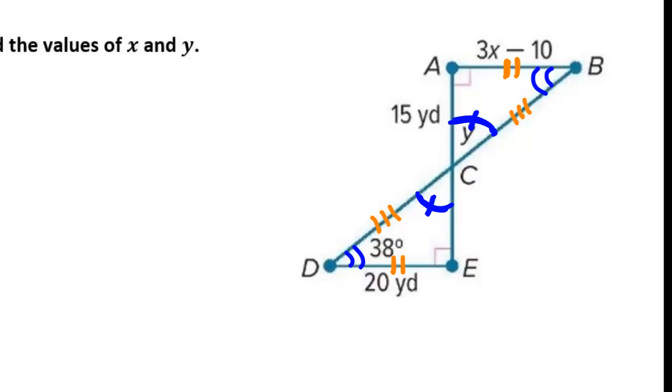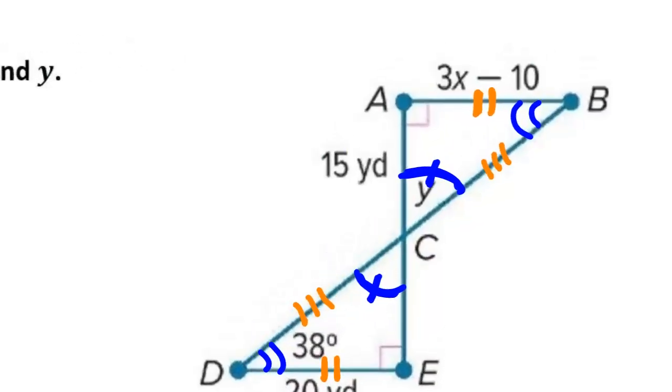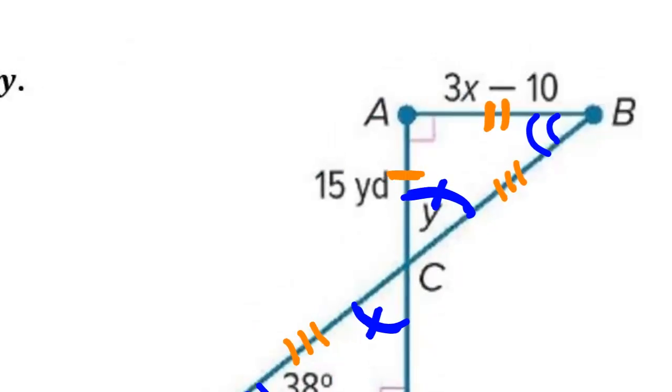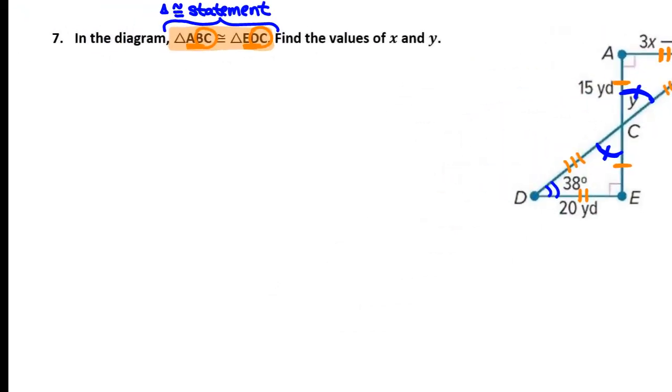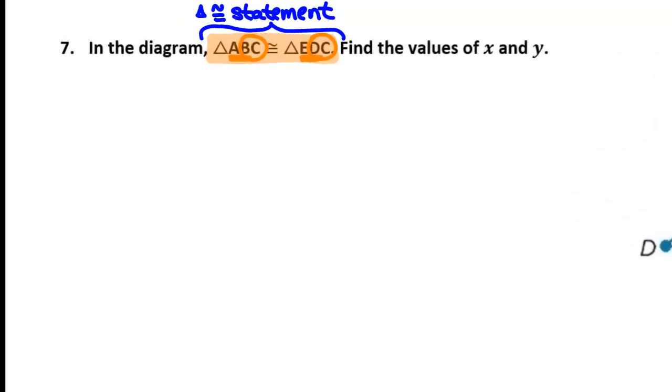AC and CE, this one right here. The first and last letter, AC, and the first and last letter here, EC. So AC and EC, like this. Whenever you are given a triangle congruence statement, the very first thing you do is completely mark up those 2 triangles. All right, we need to find x and y.